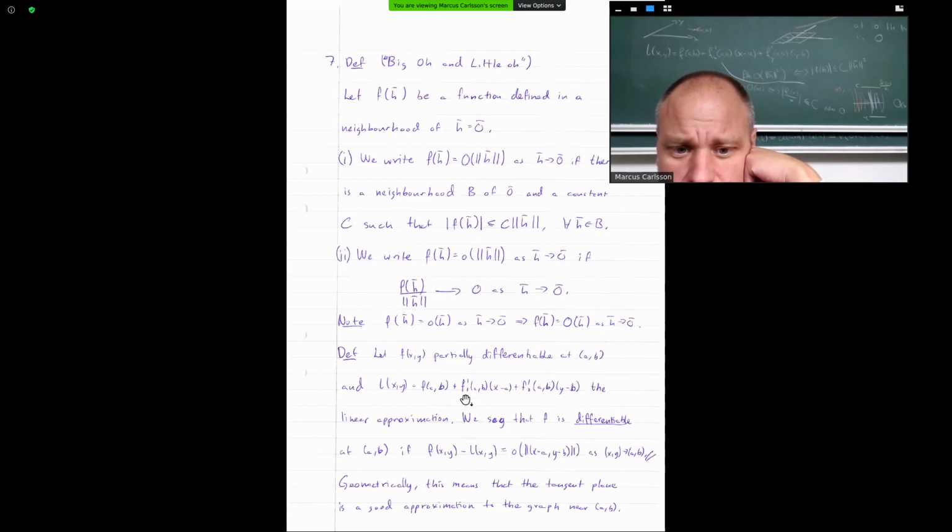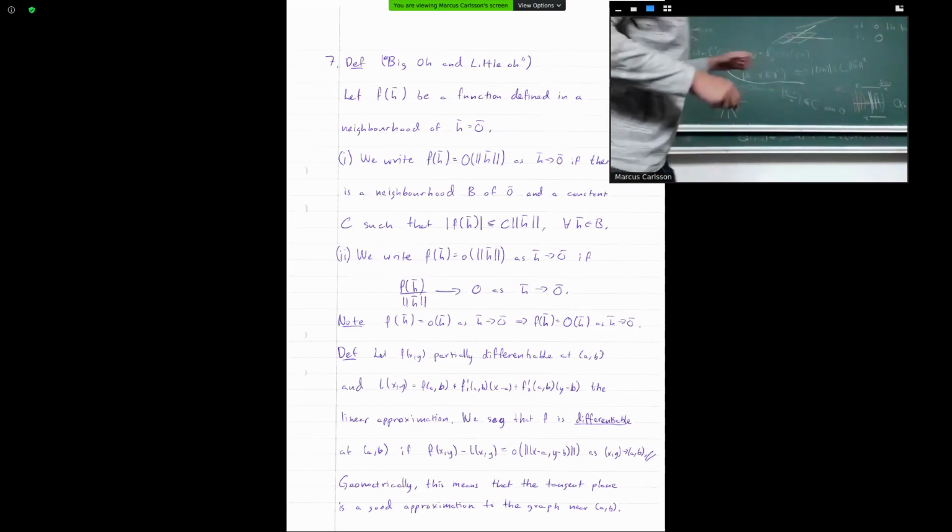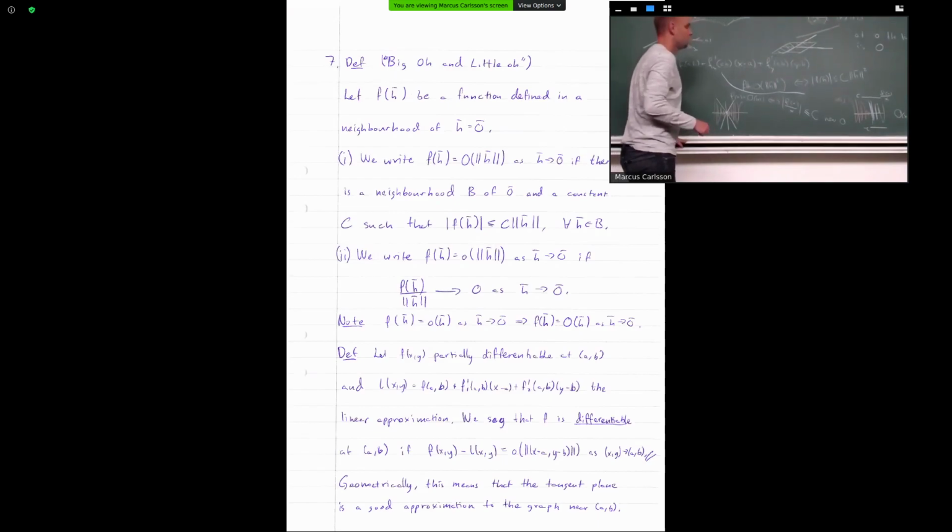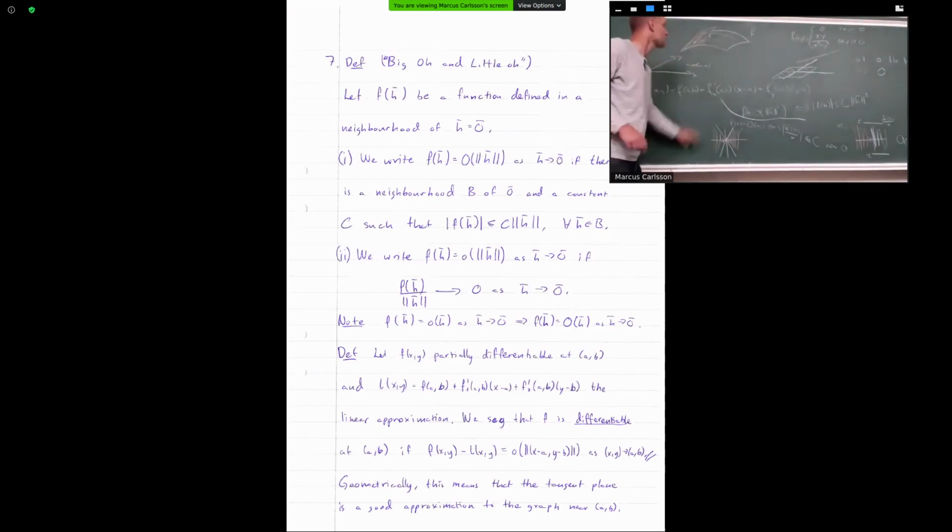So now, what do we want from our tangent approximation in order to distinguish between what happens in this picture when things are nice and in this picture when things are not nice?